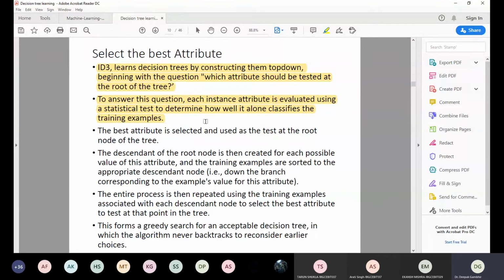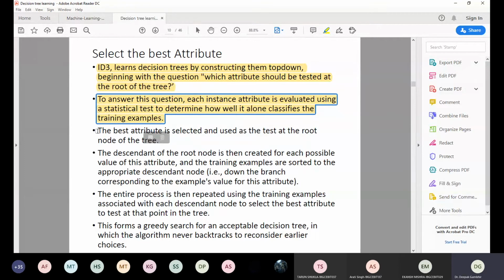We will take each attribute. For example, in this case, we have 4 attributes. For each attribute, we will take a statistical test, and that statistical test is what we will define next, how that statistical test is made. Each attribute is tested against it, and for each attribute, it will test whether it is able to classify the training example or not.